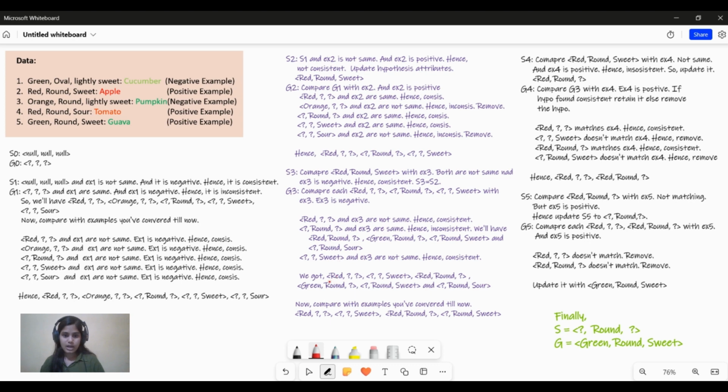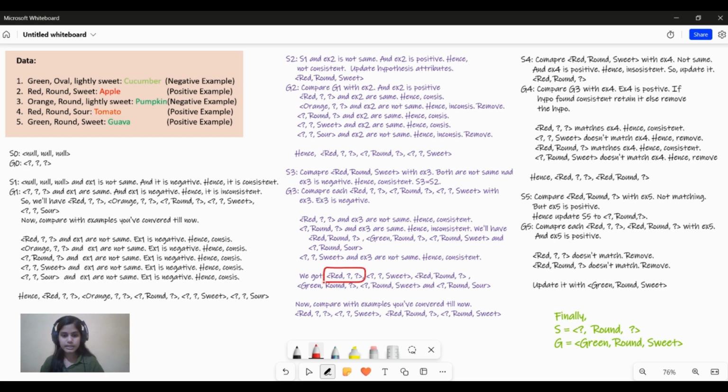So now we got this, and here we have four hypotheses and this hypothesis. So entirely we have 4, 5 and 6 hypotheses. Now after getting all these hypotheses, we will compare them with the examples we have come across so far.